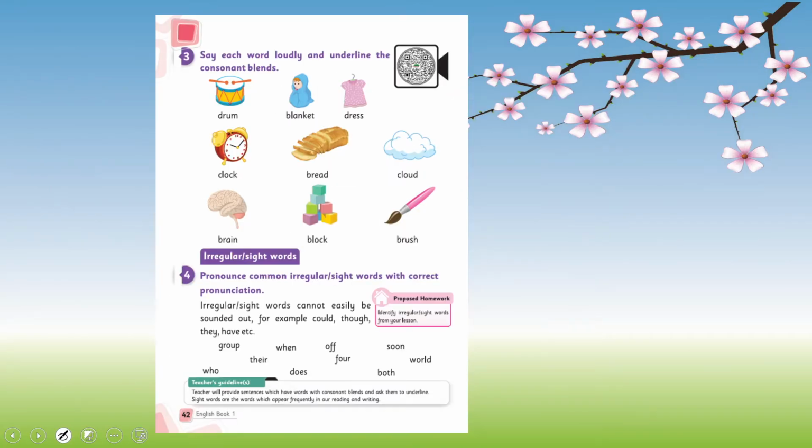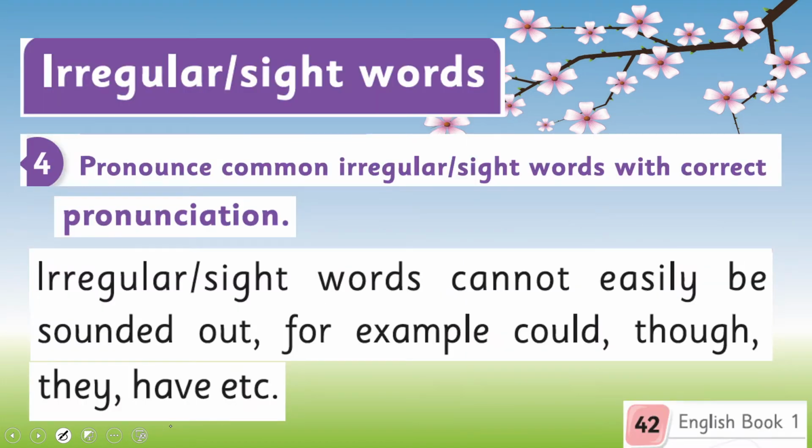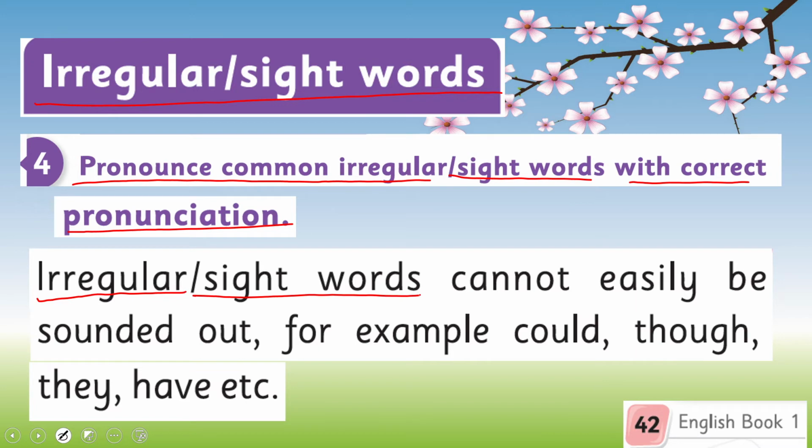Yes. Now come to page number 42 of your book, where the irregular sight words have been mentioned. Pronounce common irregular sight words with correct pronunciation. So what we are going to know today, irregular sight words cannot easily be sounded out.